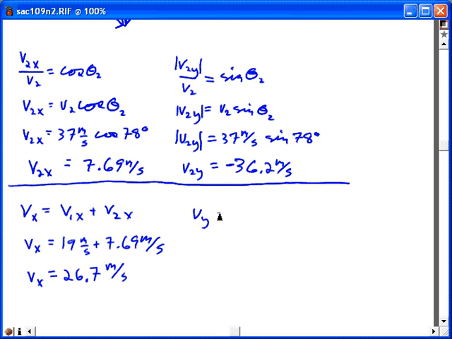Vy is v1y plus v2y. Oops, I wanted to do it in order. So v1y plus v2y.